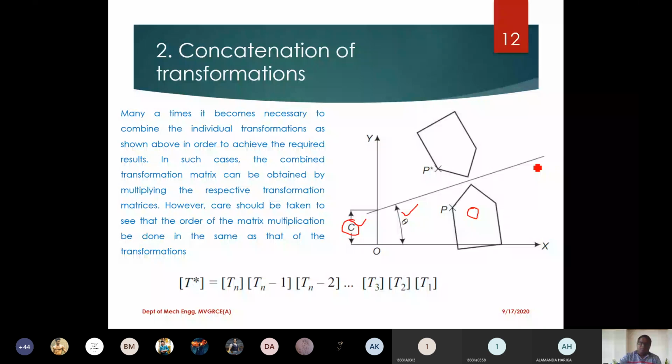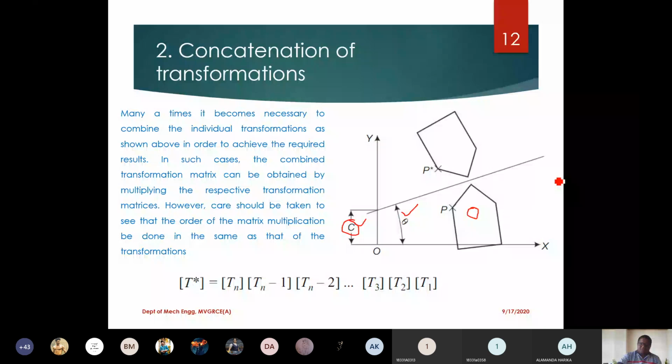I hope the requirement is clear to you. There is an original object, and you need to get the reflection of this original object with respect to an arbitrary straight line, not with respect to the x or y axis. So how can we divide this advanced operation into fundamental operations? I know that the mirror image is possible only with respect to the x-axis.